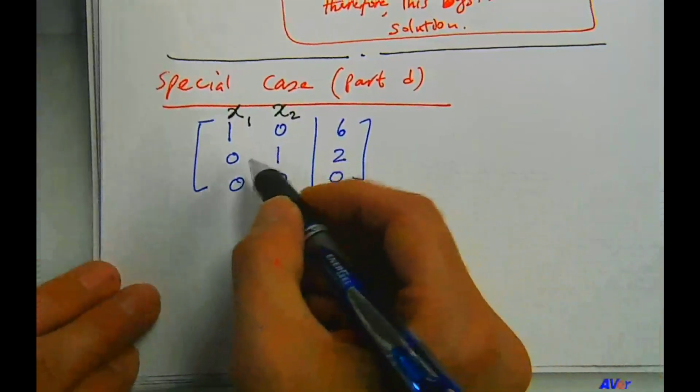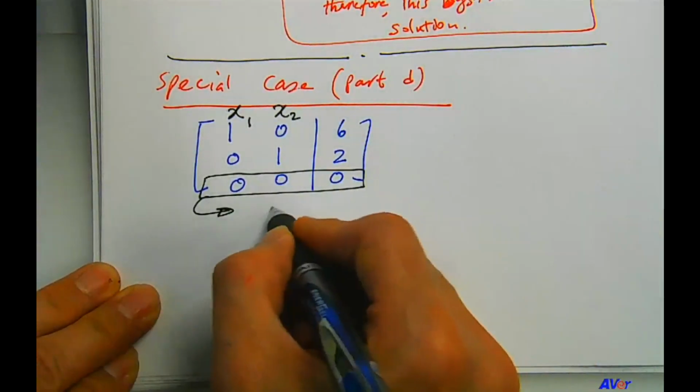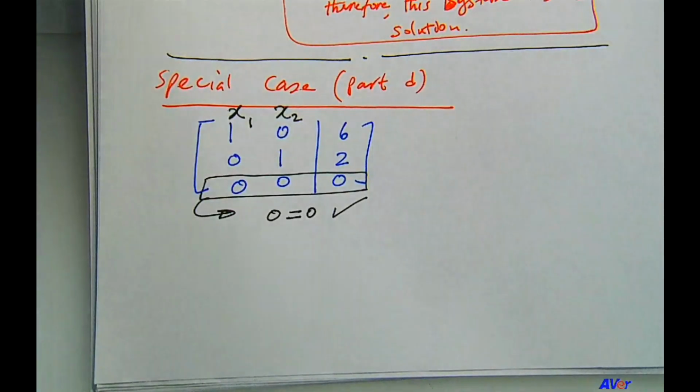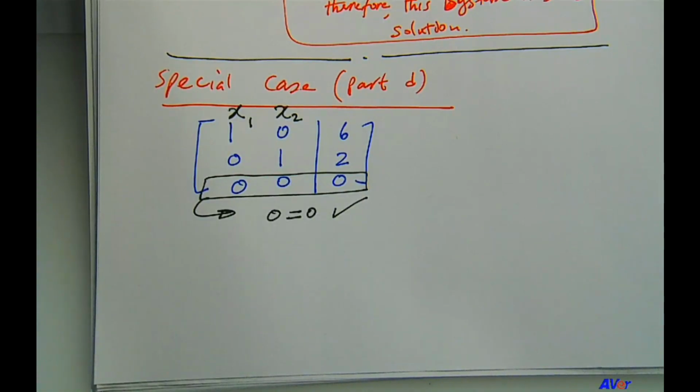So the bottom row is telling us that 0 equals 0. And we can't argue with this, right? 0 can be equal to 0 at all times. So this equation does not contradict anything we already know.